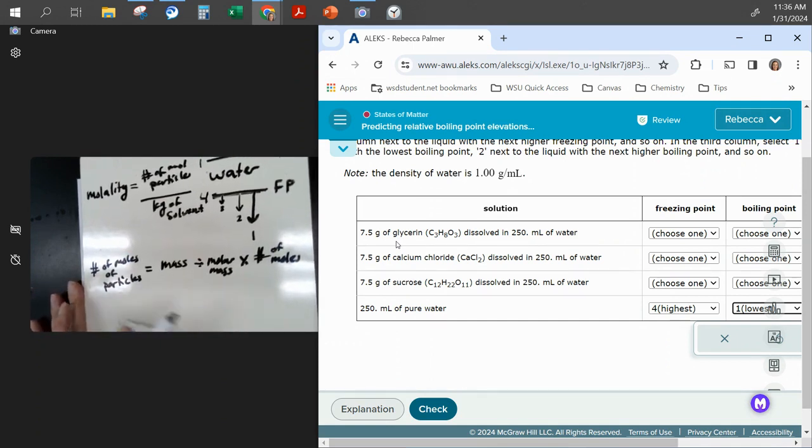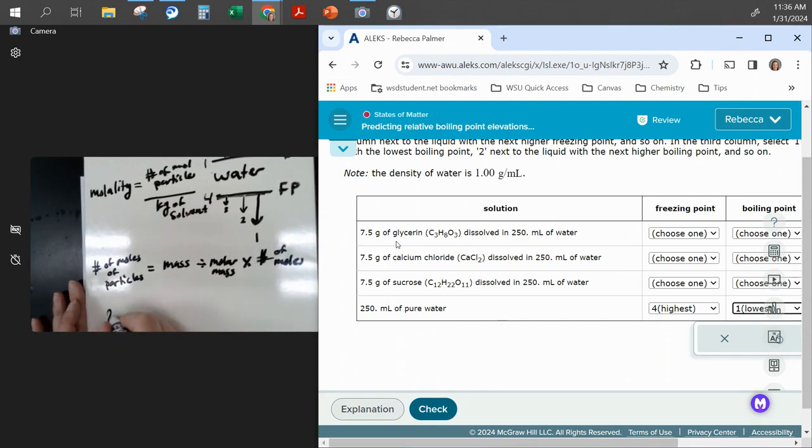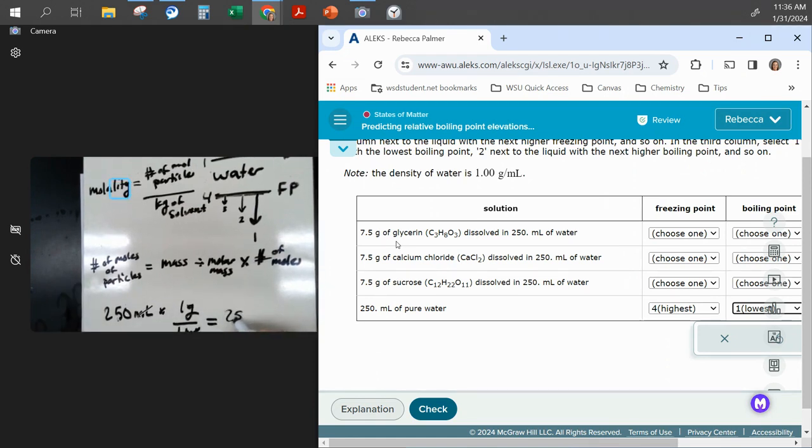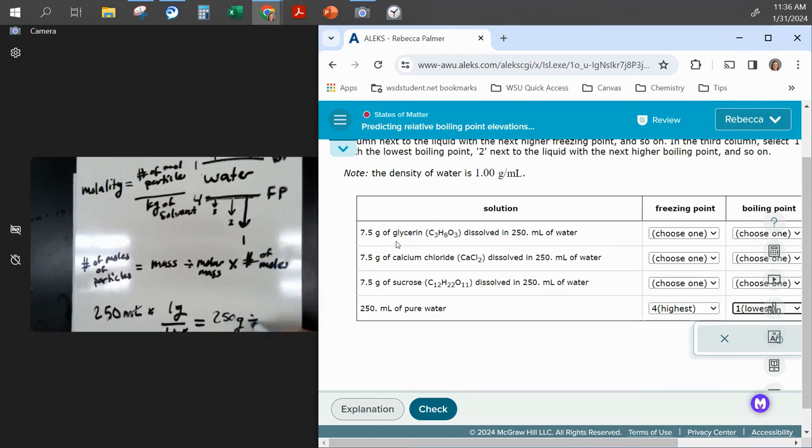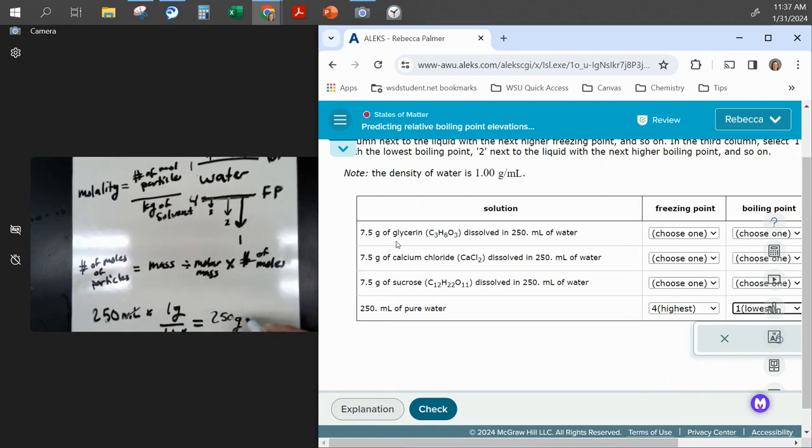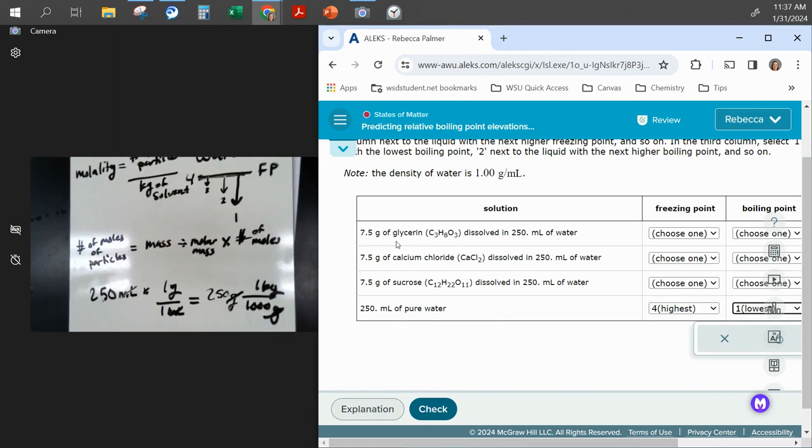Whoa. Let's back up. We have 250 milliliters of solvent. There we go. Now we're going to multiply by the density, 1 gram per milliliter. That will give us grams, 250 grams. Then we're going to divide by 1,000 to get how many kilograms. So for this problem, we have 0.25 kilograms.